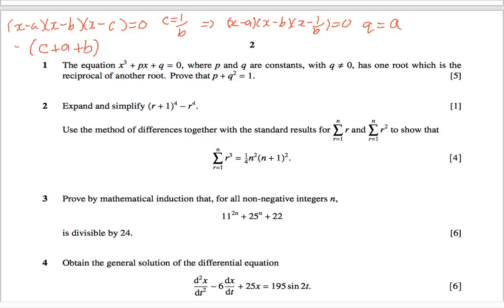This is the x squared term, but seeing as there isn't an x squared term in this equation, we know that it equals 0. From that we get that q plus b plus 1 over b equals 0. So q is minus b minus 1 over b.